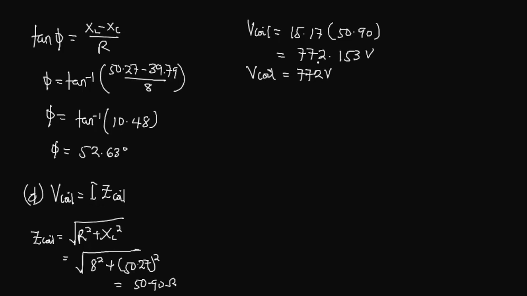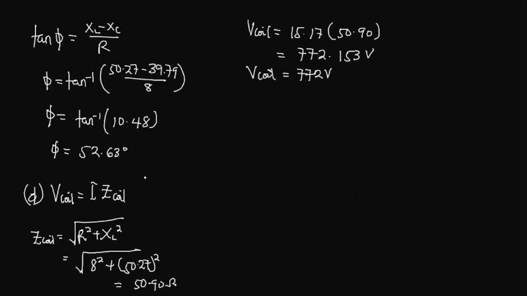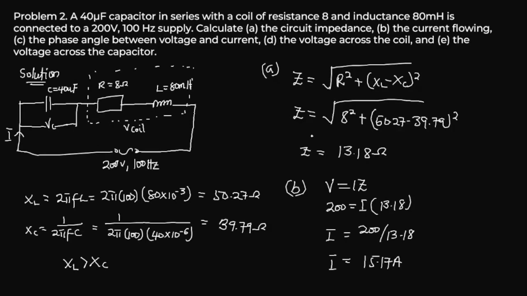Now from there, let's go ahead and answer the final question, which is asking that we find the voltage across the capacitor. So very good. This is E. Voltage across the capacitor is the current multiplied by the capacitive reactance. We already know our current to be 15.17, that we multiply by our capacitive reactance, which we found in the previous example, XC, to be 39.79.